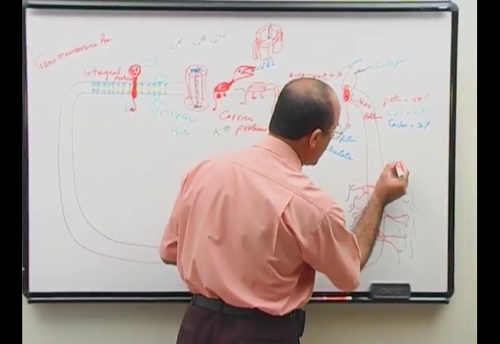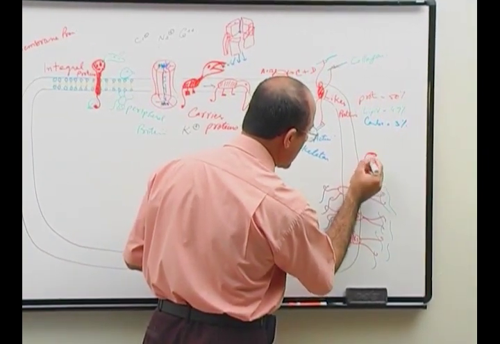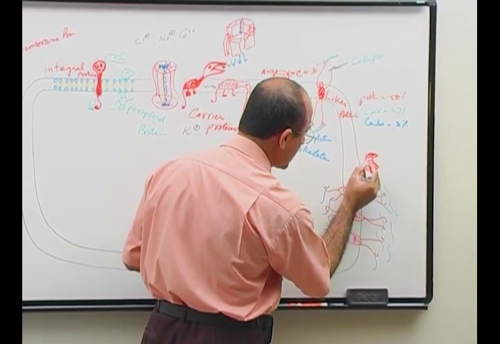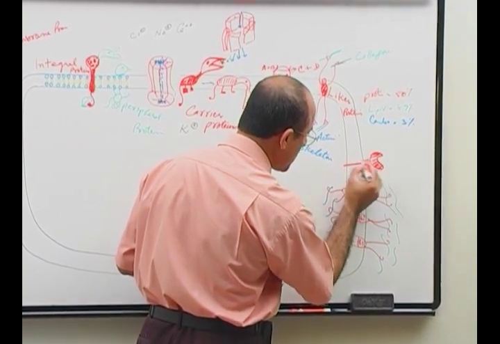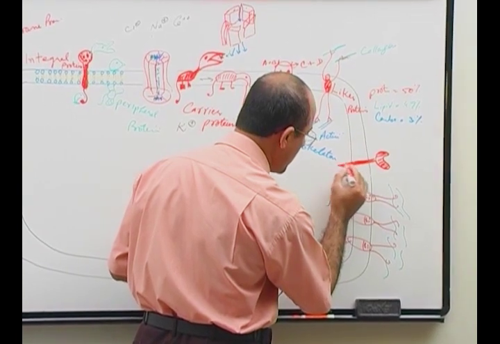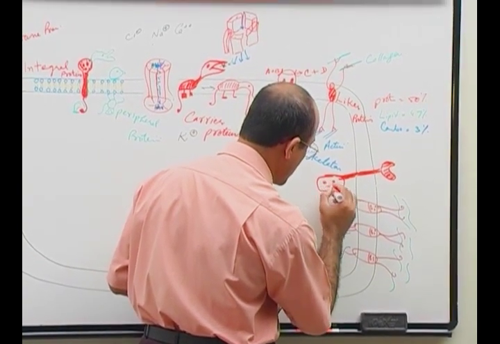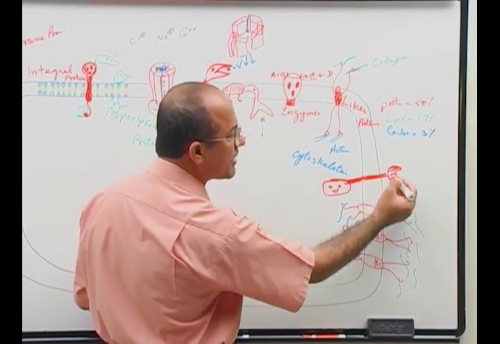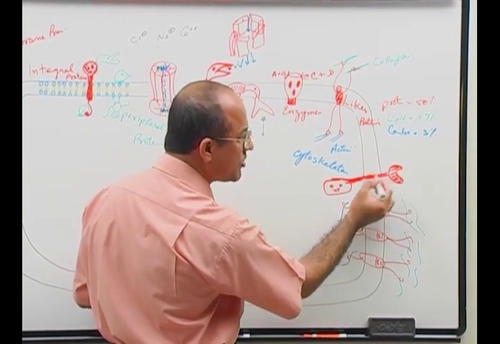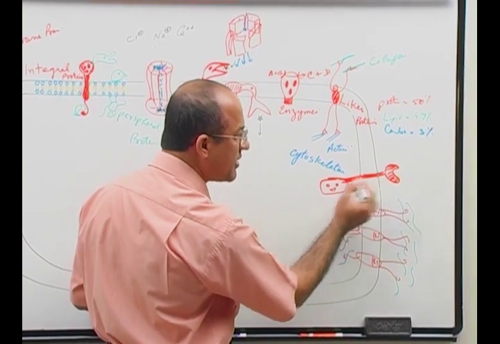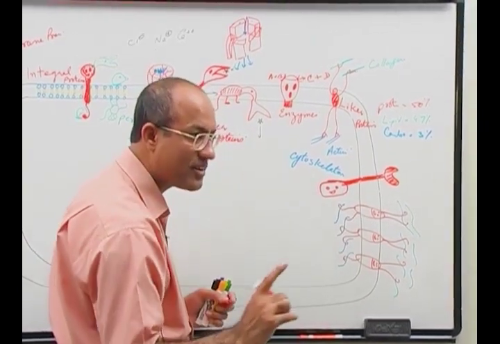Okay, let's suppose this is a protein which is present throughout the membrane, and this protein has an extracellular component, a transmembrane component and an intracellular component. Is that right?